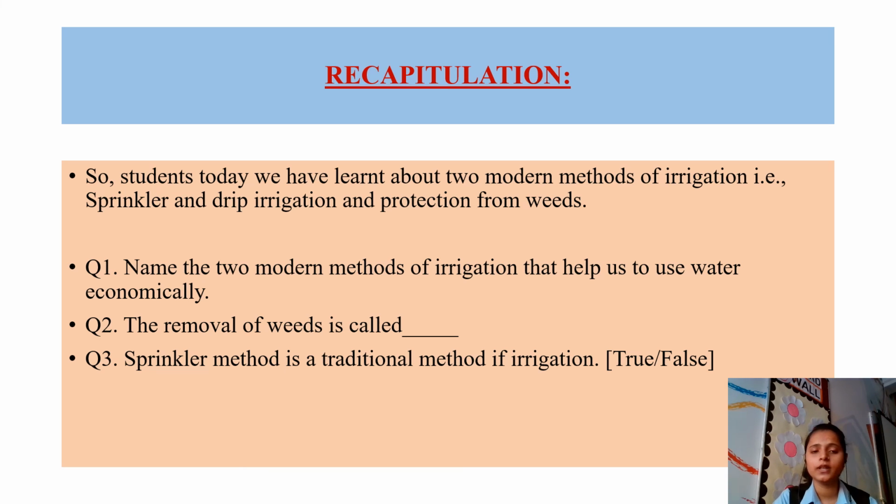The first one is drip irrigation. Now you need to write down the second one. The next question is, the removal of weeds is called weeding. Let me write the answer here. The removal of weed is called weeding.